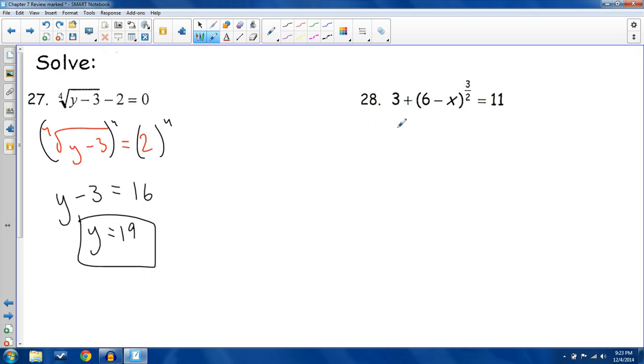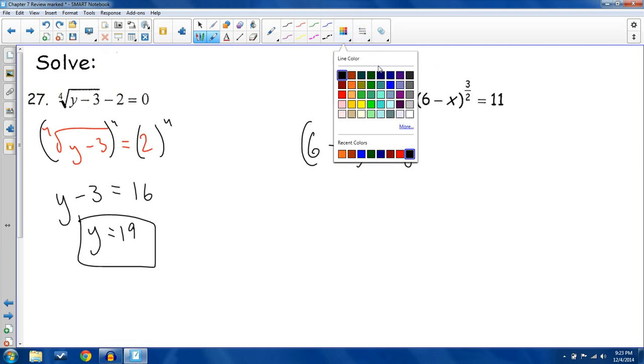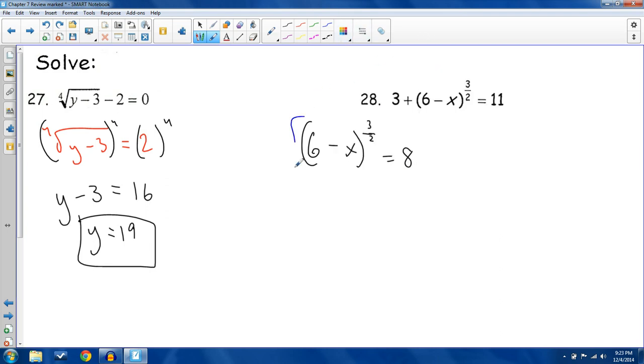Number 28, subtract 3 to start with. Get rid of that guy. Or not get rid of it, just move it over. Okay. What did I say before about that one-step process? Raise it to the reciprocal of your other guy right here. So I'll go ahead and do that, to the 2/3 power. So 8 also goes to the 2/3 power.